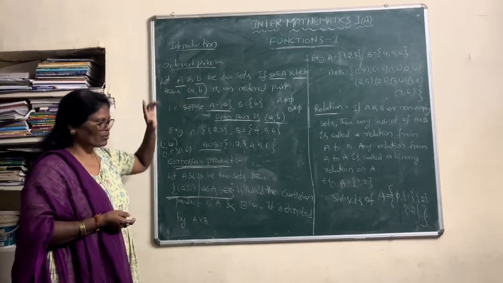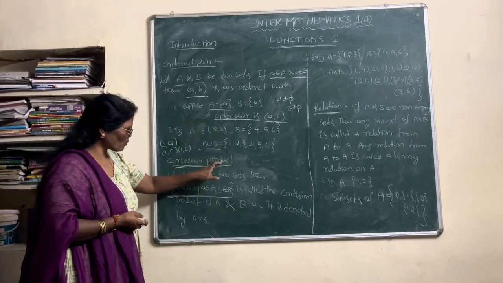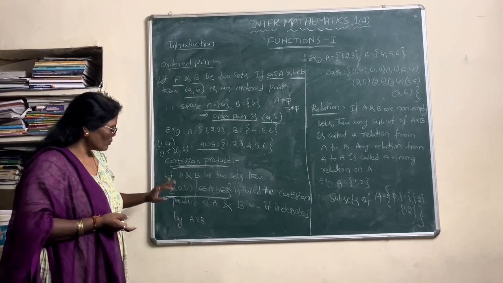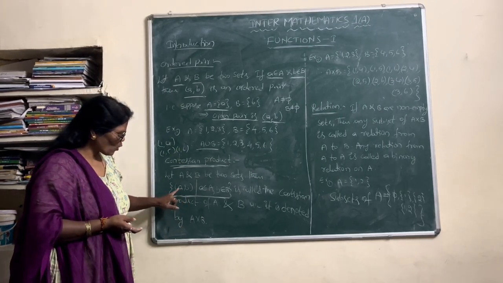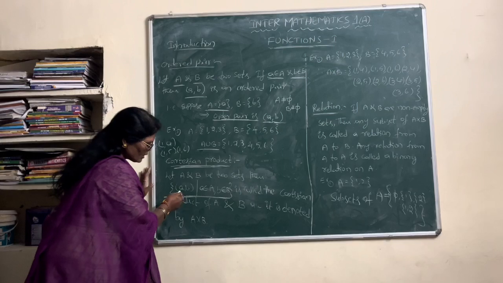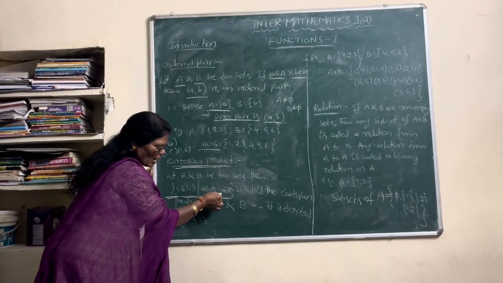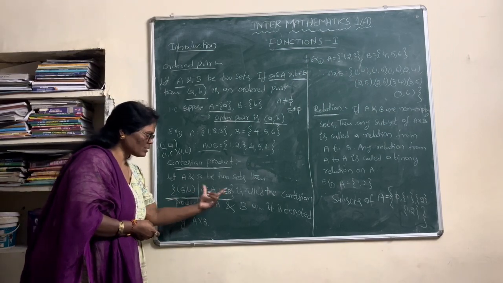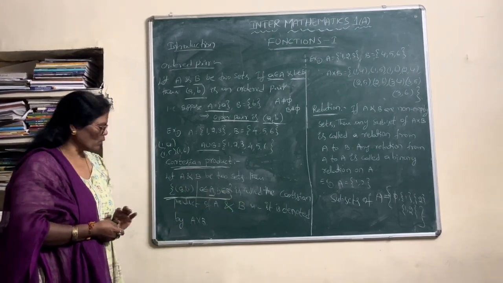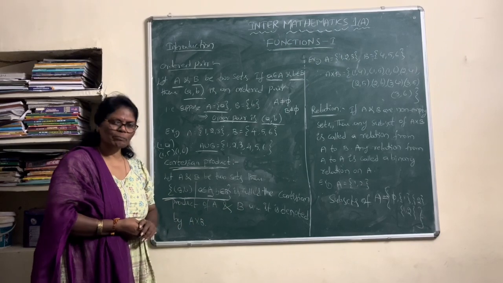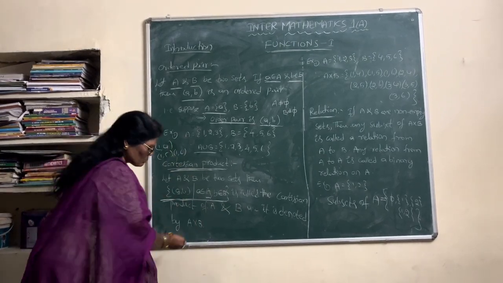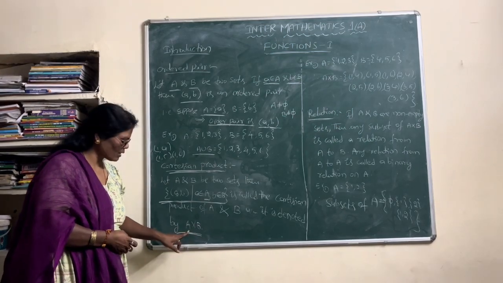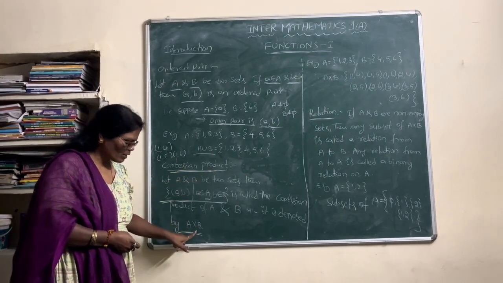So the Cartesian product means all the elements are ordered pairs. So the set of all ordered pairs (a, b), where a is an element in A and b is an element in B, is called the Cartesian product of A and B, and it is denoted A cross B, A into B.